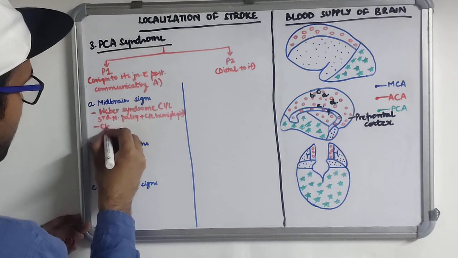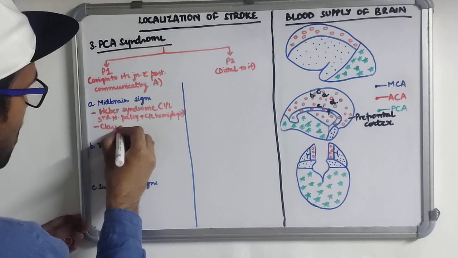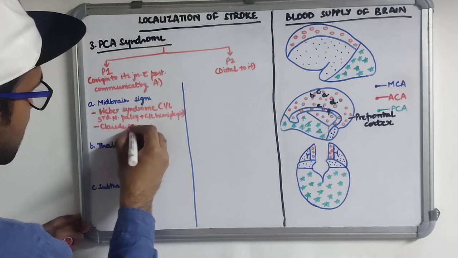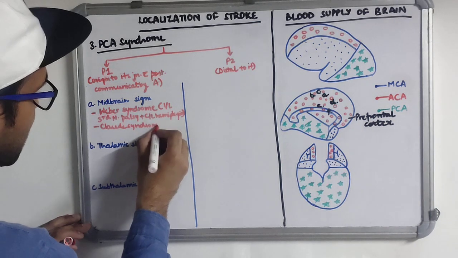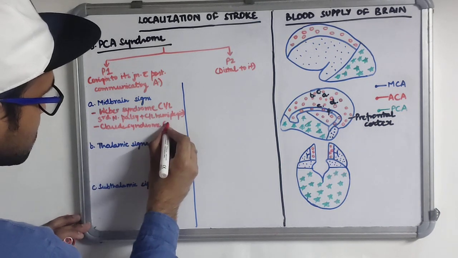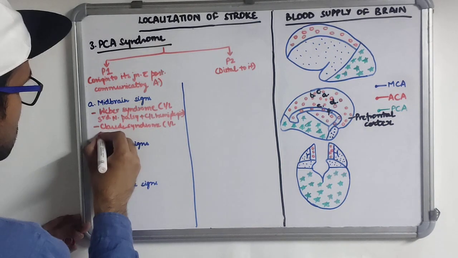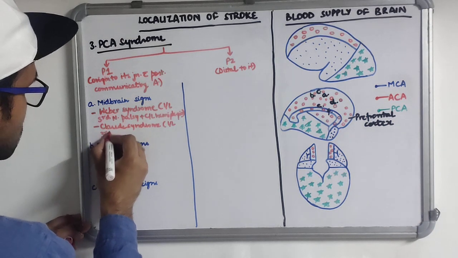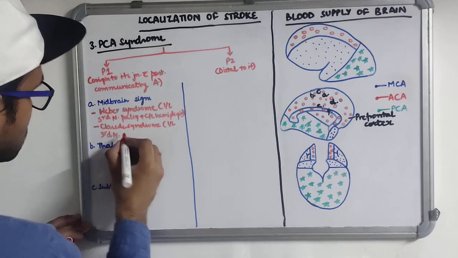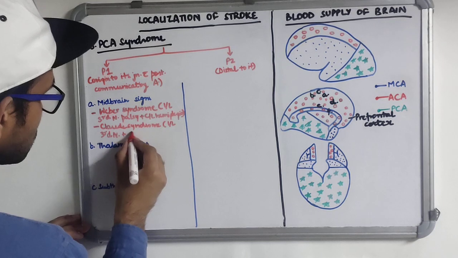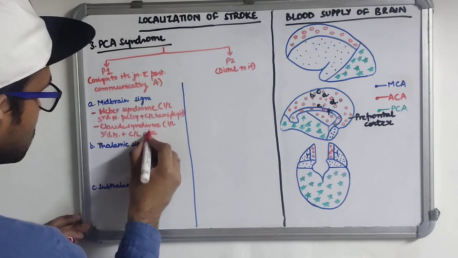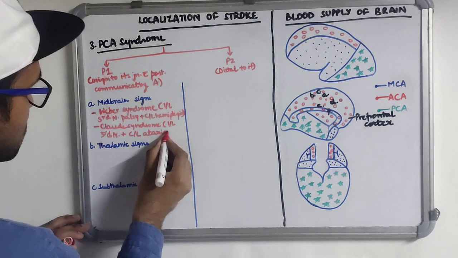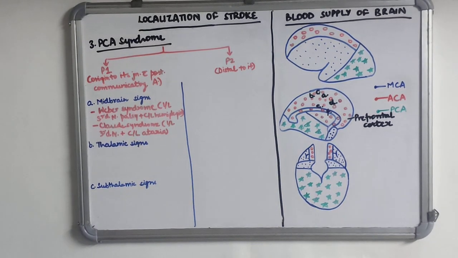Claude is due to involvement of the dorsal red nucleus along with the third nerve. So in this, apart from ipsilateral third nerve palsy, there is contralateral ataxia. So midbrain signs may include either Weber syndrome or Claude syndrome.